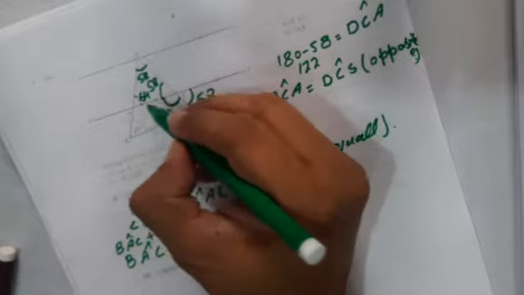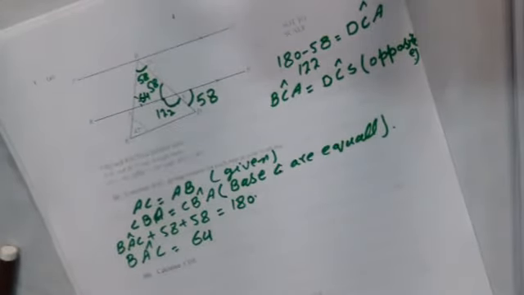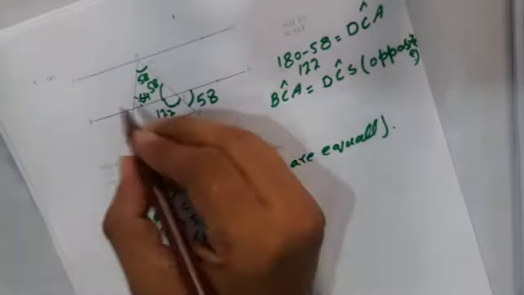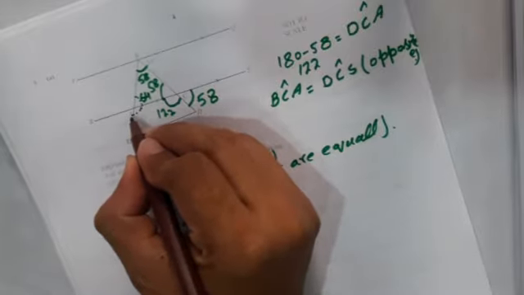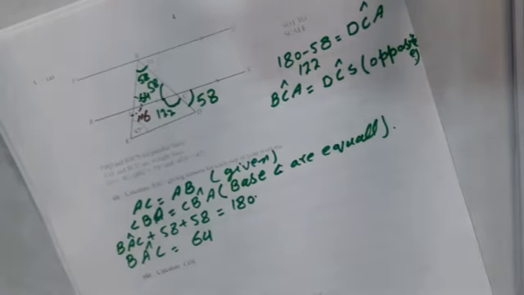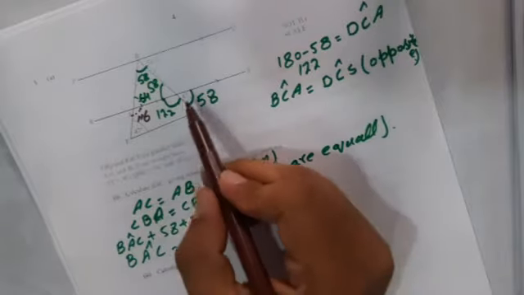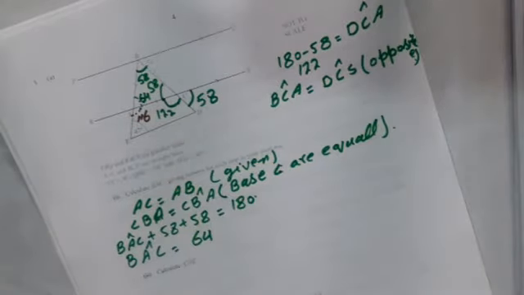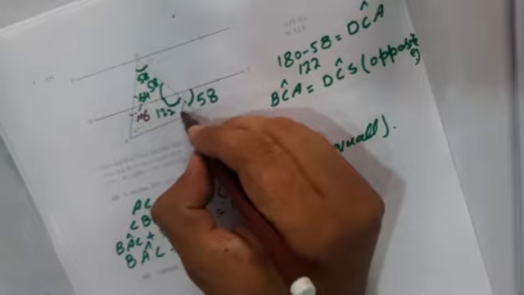This is 64. So if this is 64, then this is a straight line. This will become 116 due to 180 degrees. Calculate CDE. Now we have to find this angle.